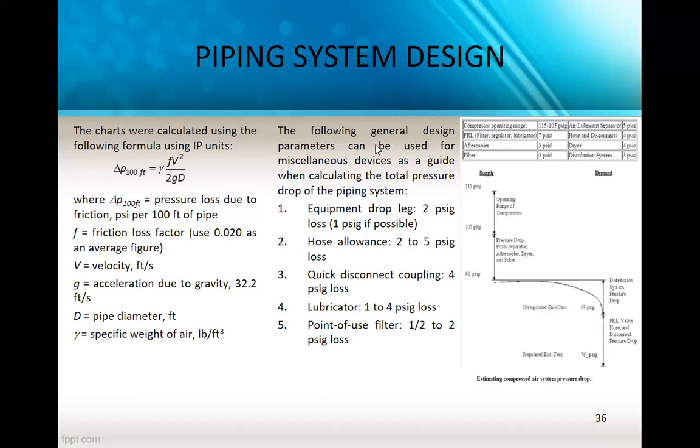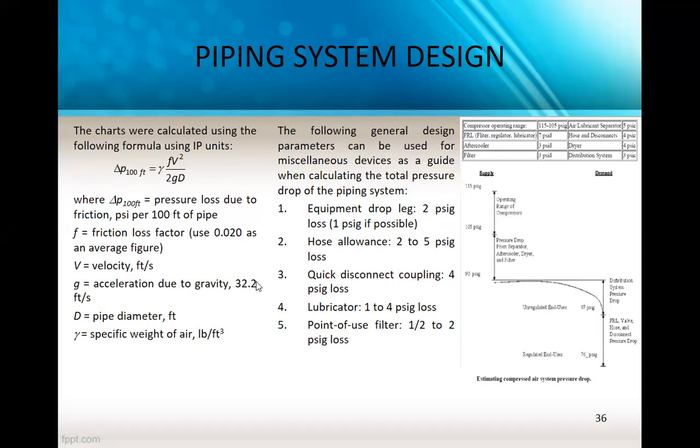Now, the following general design parameters can be used for miscellaneous devices as a guide when calculating the total pressure drop of the piping system. One, equipment drop leg is 2 PSI gauge loss. The drop leg goes to your equipment outlet. 1 PSI gauge.